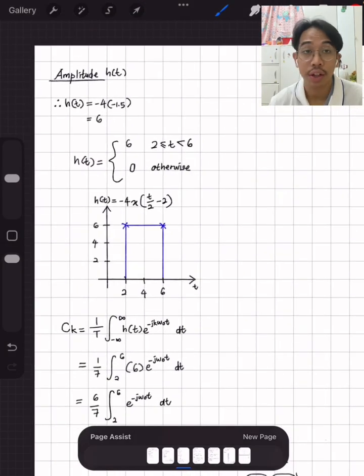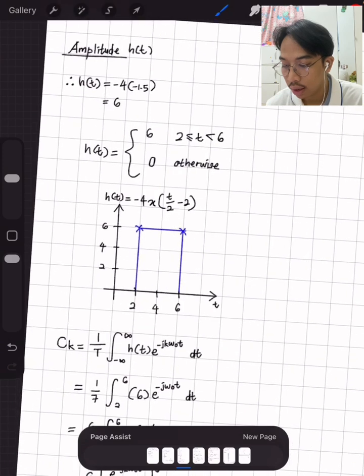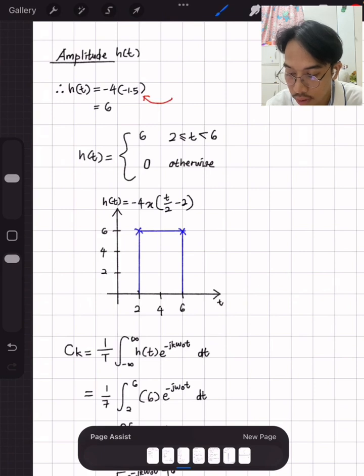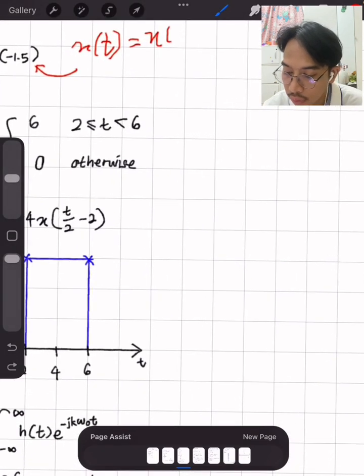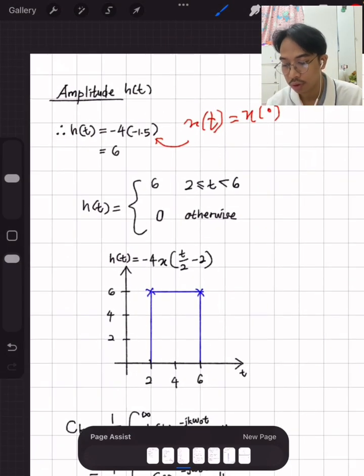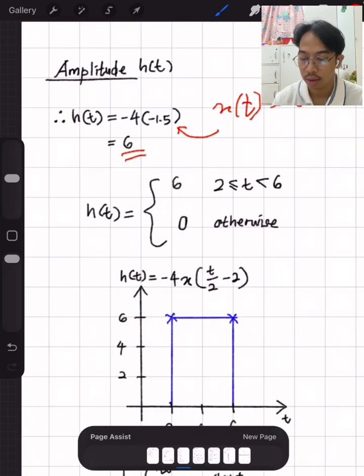Then we continue with h(t) with the given amplitude of negative 4, and this negative 1.5 is our x(t), or we call it x naught. So our x naught is negative 1.5, which should be multiplied by negative 4, and we get 6 here.